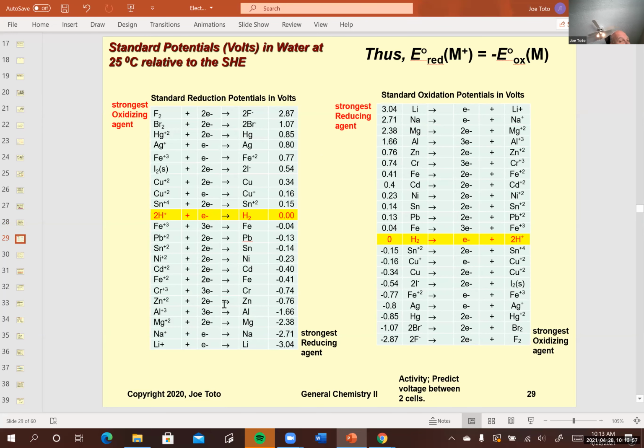So here we have some tabulations that I have presented here. This first one on the left is a standard reduction chart in volts. This is what you're going to most likely find online or in your textbook. So all of these half cells are measured against the standard hydrogen electrode, which is assigned 0.